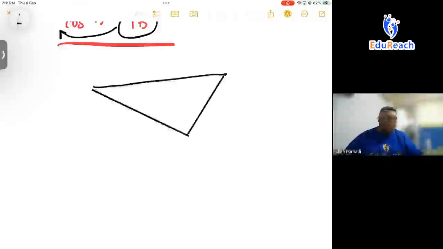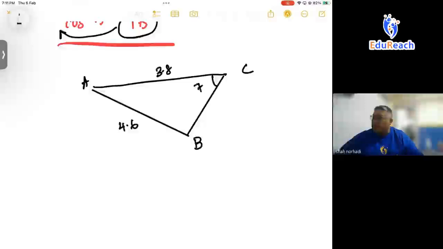So we have a triangle like this. A, B, and C. This is 3.8, this is 4.6, and then this is 78 degrees. Now, I want you to calculate angle ABC.